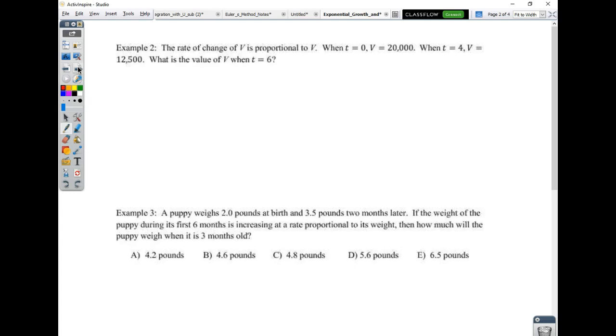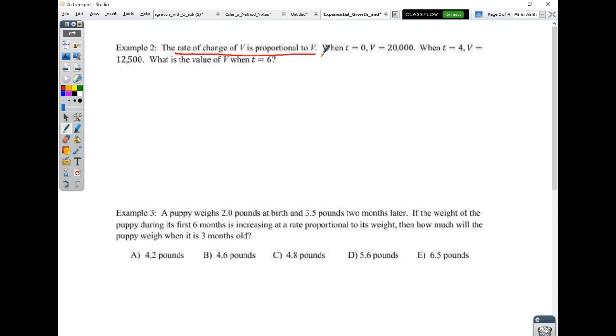Example 2, the rate of change of v is proportional to v. Again, what is the thing that tells you that this is an exponential growth and decay? It seems dumb that I'm asking that question, but let's face it, this is eventually going to be cycled into all those beautiful and lovely questions, and suddenly it's not, oh, this is that type of question lovingly encapsulated in exponential growth and decay.